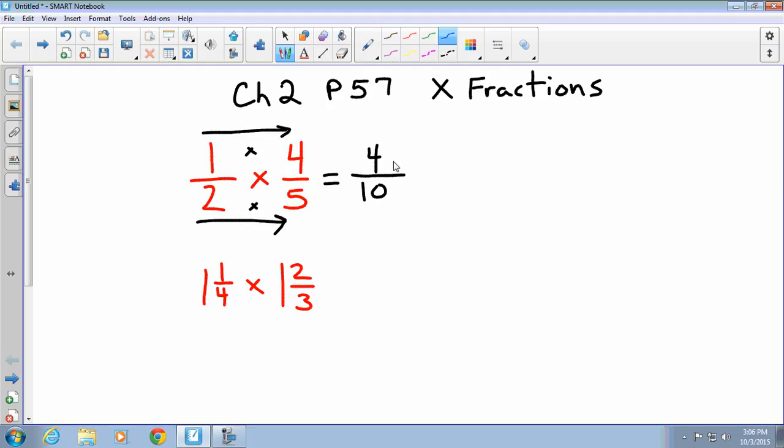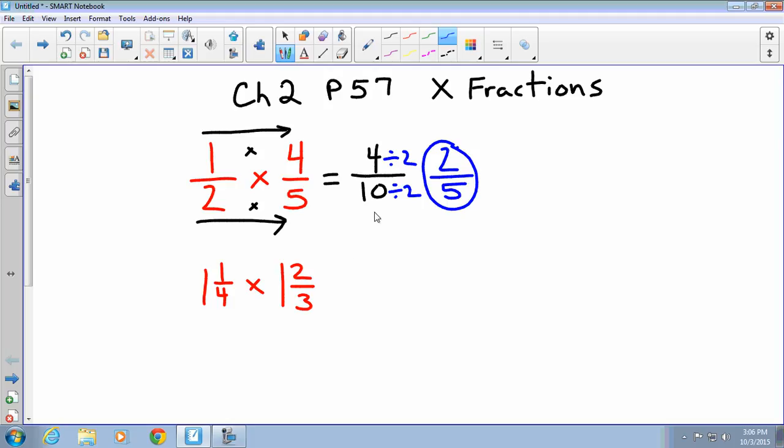So we're going to go ahead and divide by 2 on the top, and we're going to get 2, and we're going to divide by 2 on the bottom and get 5. And if we take 1/2 times 4/5, we get 4/10, but then we put it in simplest terms, the answer is going to be 2/5. That would be 2/5.